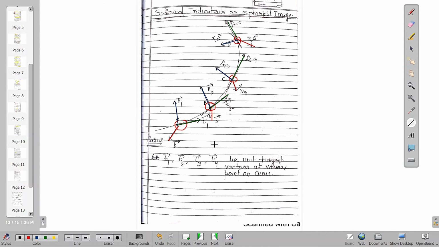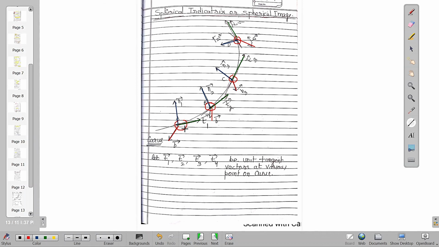So what is the locus? Our purpose is to find the spherical indicatrix, the spherical image of the tangent. So what is the spherical image of the tangent? The spherical image of the tangent is the locus of the unit tangent vector on this curve.